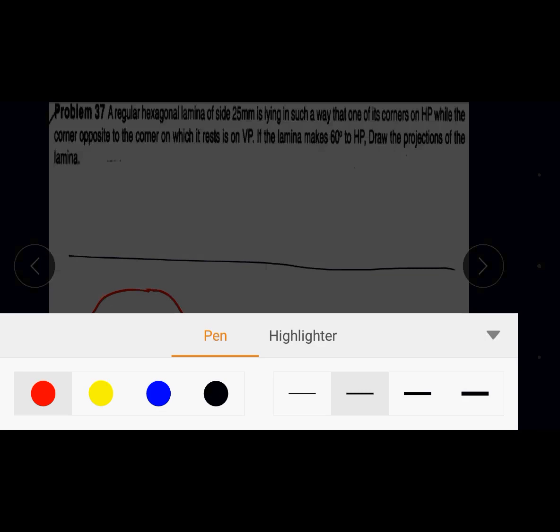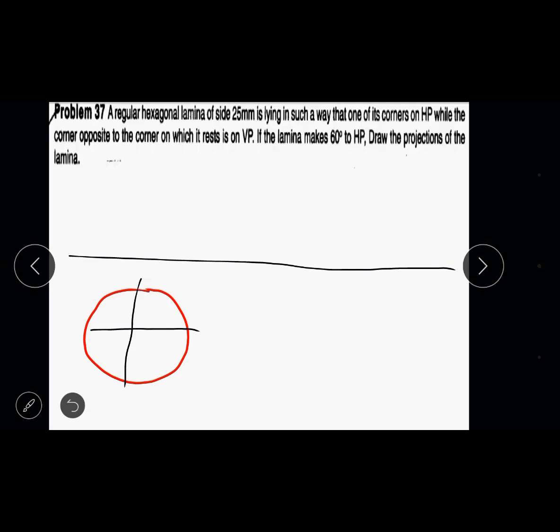This is your reference line for the freehand sketch. If you want to get the corner resting position, you should take the x-axis. If you want to get the edge resting position, you should take the y-axis. Whichever axis you take as reference, that axis will give you the corner position of the hexagon.